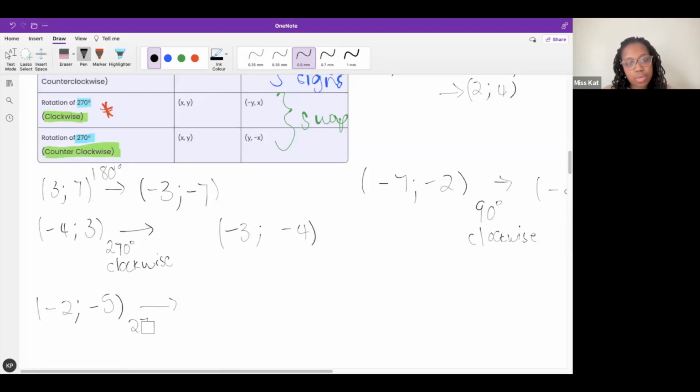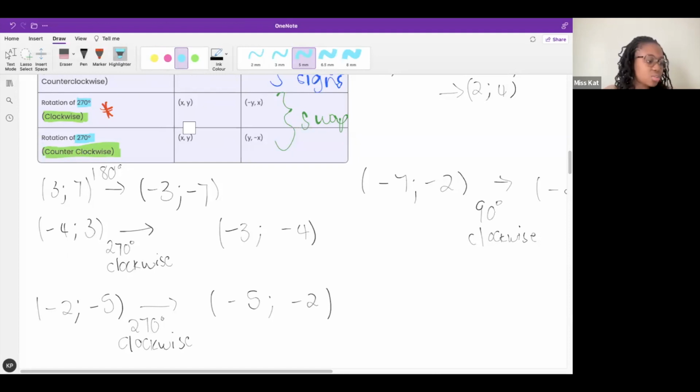As requested, we're going to do 270 degrees clockwise. So these are the original coordinates. Do you agree? Yes, ma'am. Okay, Tando. First, we have to swap them. Do you agree with that? Yes, ma'am, I do. Okay, so it's going to be a -5 and a -2. Now, let's look at the rule here, Tando. It says which one has to get the negative? Is it the X or the Y?